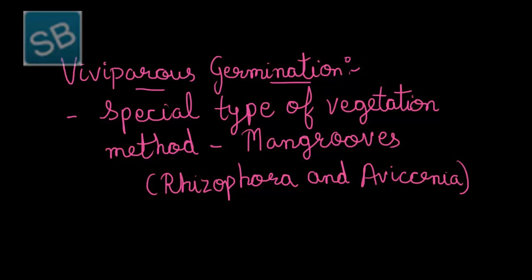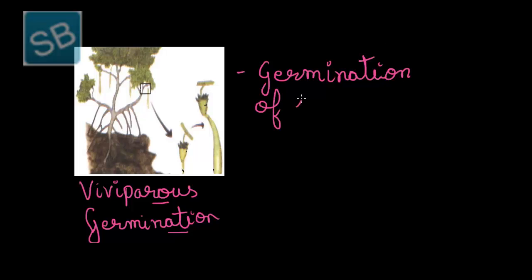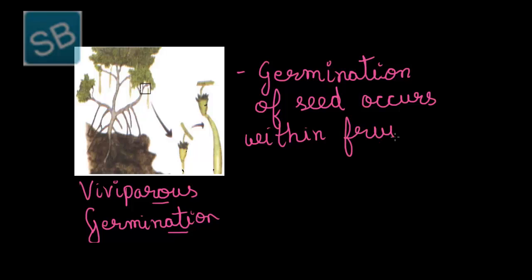Now, how does the germination occur? This figure depicts the mangrove plant that exhibits viviparous germination. In this method, the germination of seed occurs within the fruit that is attached to the parent plant. That is, within the fruit, this entire germination of seed is carried out. And this fruit is attached to the parent plant.